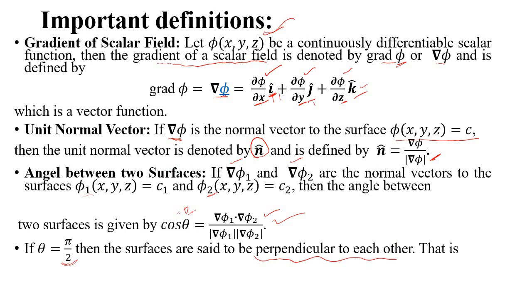So to prove the two surfaces are perpendicular to each other, we need to find the gradients of the two surfaces first and apply the dot product to those two gradients. The resultant reduces to 0. If the resultant is 0, we call the two surfaces orthogonal to each other. This is del phi 1 dot del phi 2 equal to 0.